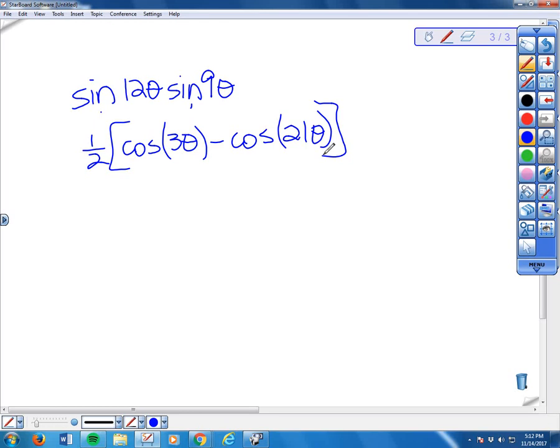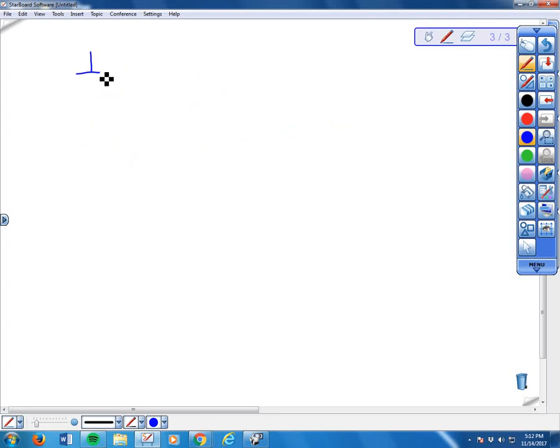Number 20. Find the exact value of 1/2 cosine 15 degrees sine 315. I'm going to use a product to sum here and get 1/2 on the outside.